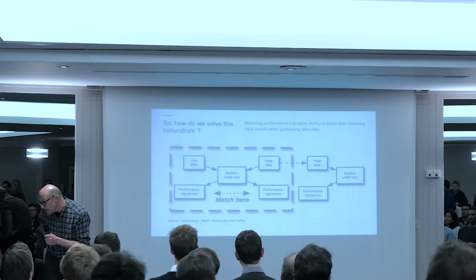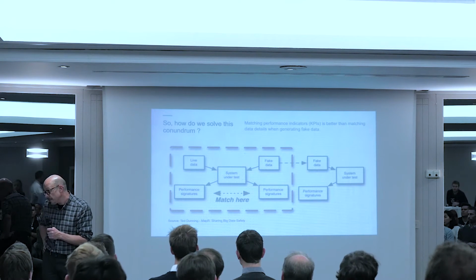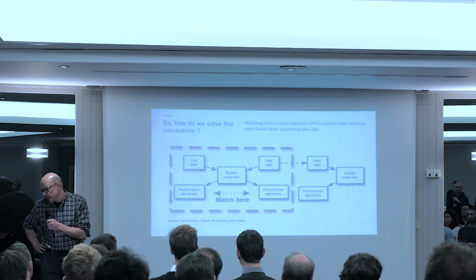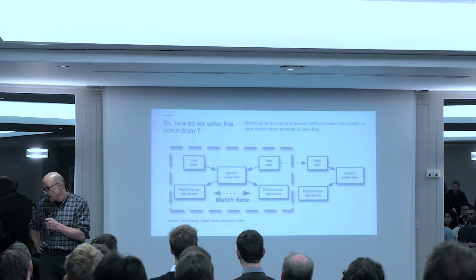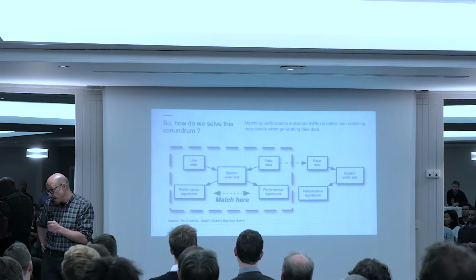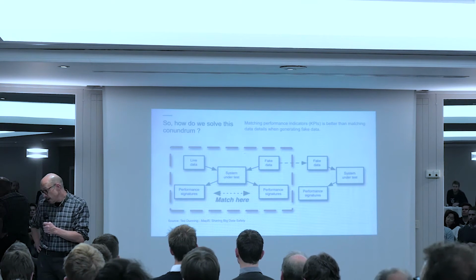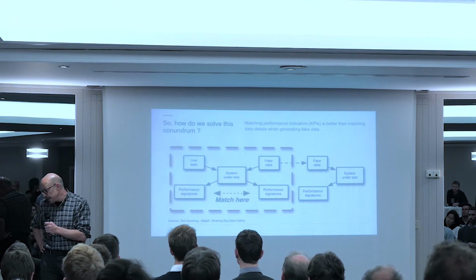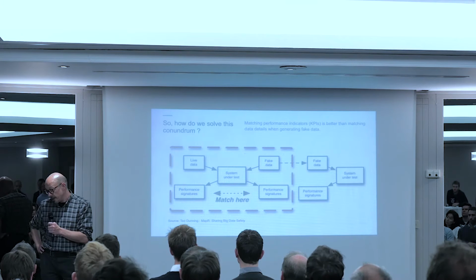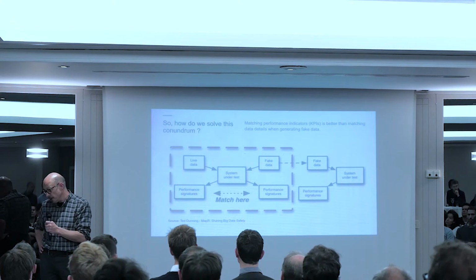there's a smart guy from MapR, Ted Dunning, who wrote a book, Sharing Big Data Safely. And he said matching performance indicators, KPIs, is better than matching data details when generating fake data, which means when the KPIs match well enough for fake data versus real data, the fake data can then be used for experimenting with the process of interest, which is in this case training or tuning machine learning models.